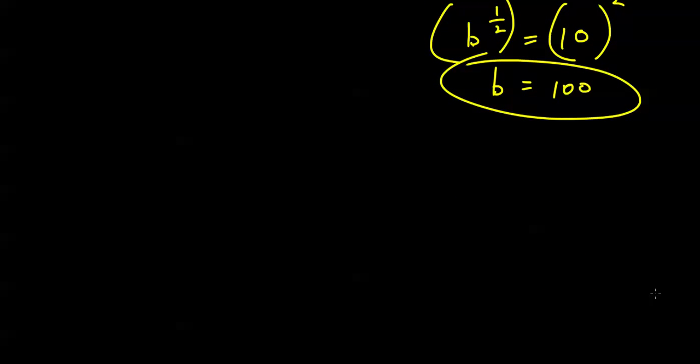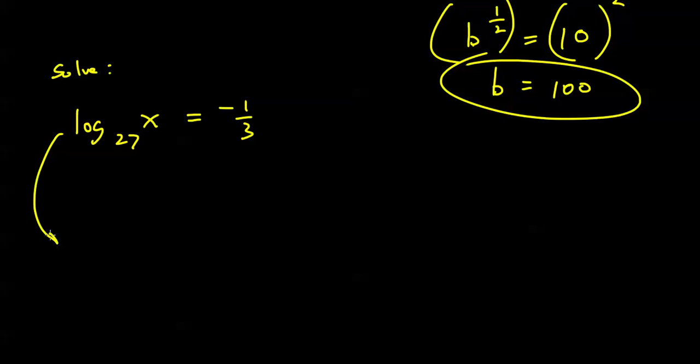Two more and we'll call it a day. The log of x base 27 equals minus 1/3. You want to solve for x. Well, this equation tells me in exponential form that the base 27 raised to the minus 1/3 power must equal x.